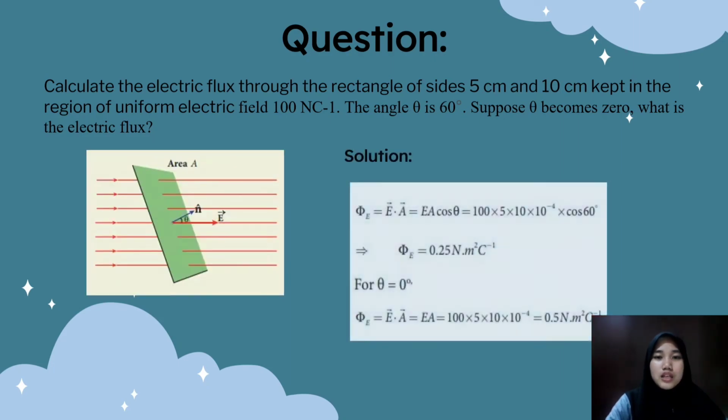The solution is we use the formula flux equals EA cos theta. So we take E as 100, multiply by 5, multiply by 10, multiply by cos 60 degrees, and then we will get 0.25 N m squared C^-1.